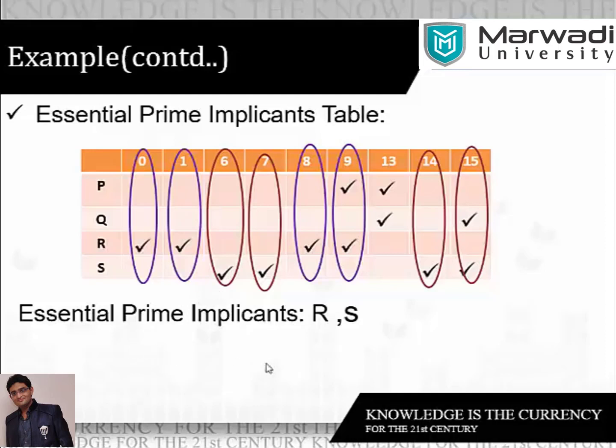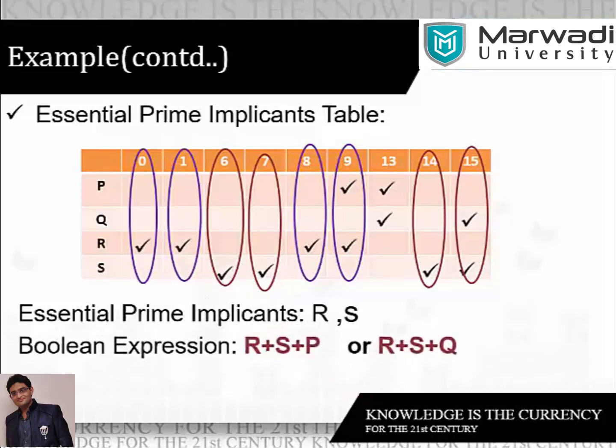After R and S are defined as essential prime implicants, we are left with only one minterm, minterm 13, which can be covered with P as well as Q. So we would be taking either P or Q in our final Boolean expression, and the final Boolean expression would be R plus S, which are our essential prime implicants, plus P or plus Q, that is, R plus S plus P or R plus S plus Q. We can include either of P or Q in our final Boolean expression.